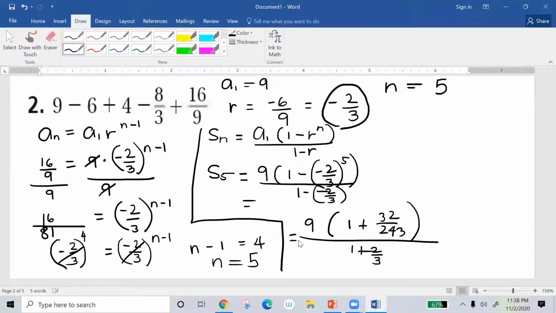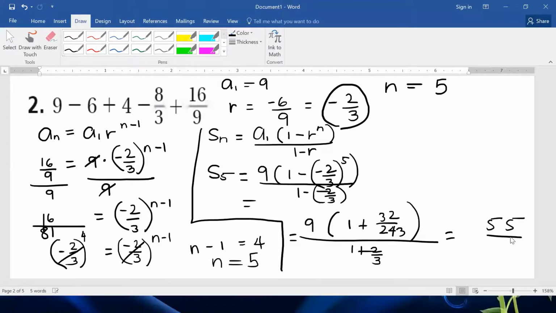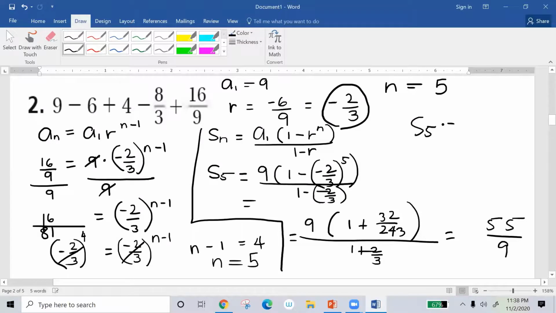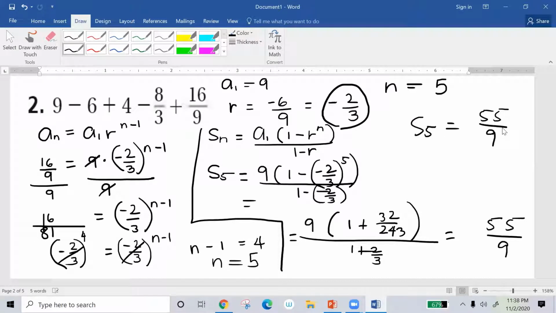Then simplify. Okay, so it will be 55 over 9. So it means the sum of the first 5 terms is 55 over 9. That is for number 2 question.